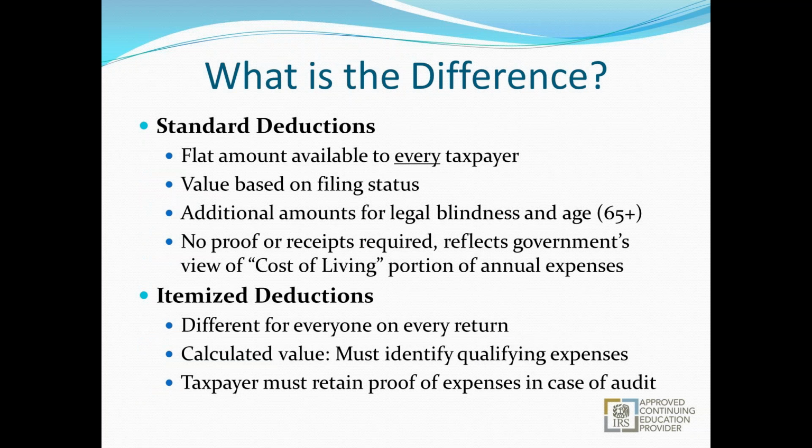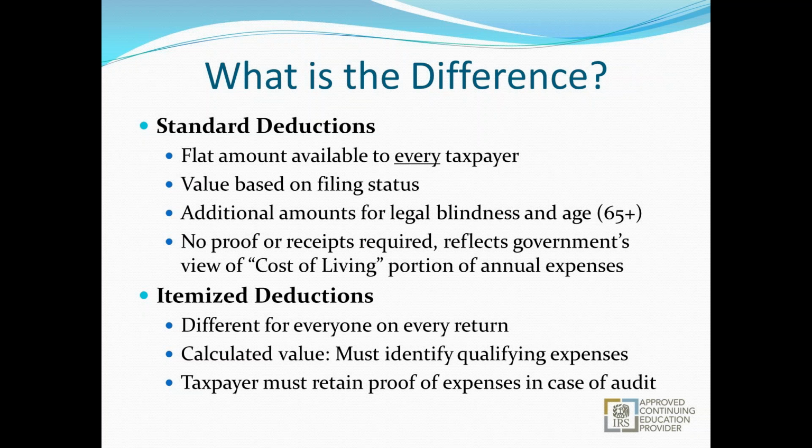First things first, what is the difference? You hear the word deduction, it sounds like the same thing, so what is the actual difference? First and foremost, standard deduction. It is a flat amount that's available to every taxpayer. There is no taxpayer in the country on an individual level that is not going to have access to a standard deduction in some format. The value of that deduction is based on the filing status. So it's going to basically scale up.